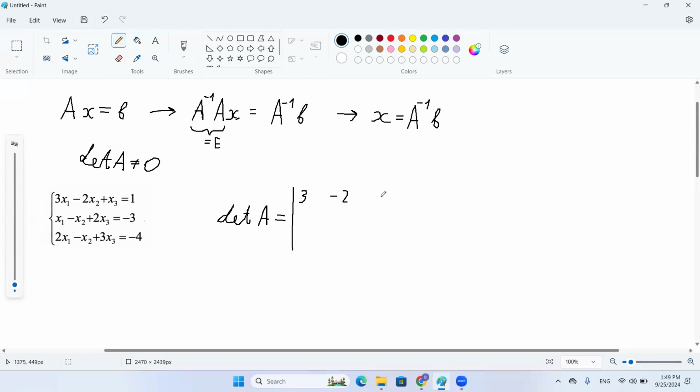Let's do it row by row. 2 minus 1 plus 3. Okay, and let's calculate. So the first one will be minus 9. Then minus 4. Minus 8.